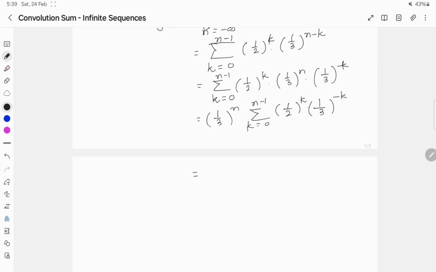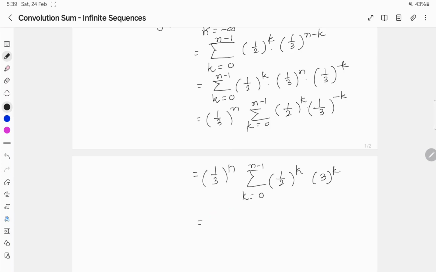So again simplify this equation. So here 1 by 2 as it is, 1 by 3 raised to minus k will be simply 3 raised to k.